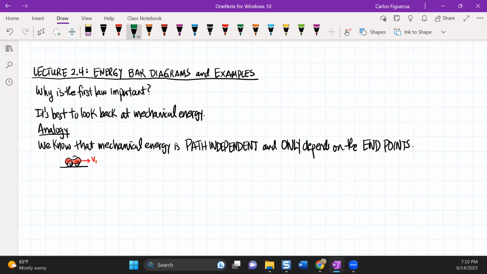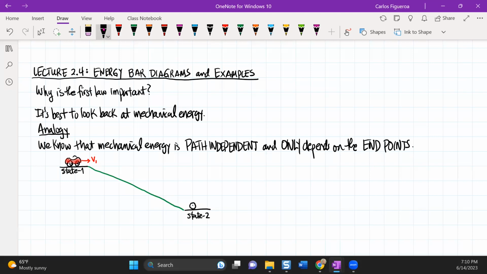And I'm going to have two different paths. So I'm going to imagine that this is the path of 1. And when I get to this state here, how about if I label this state 1, and then the cart is going to go to state 2.